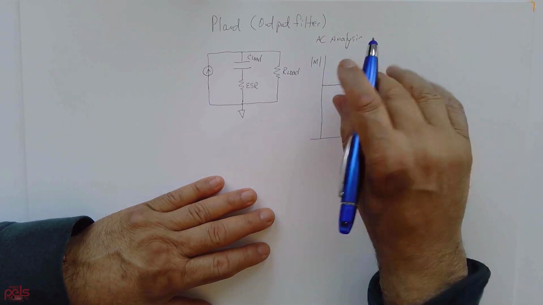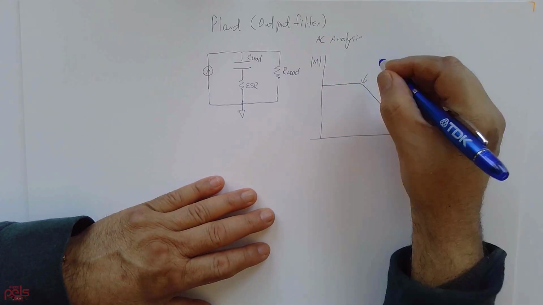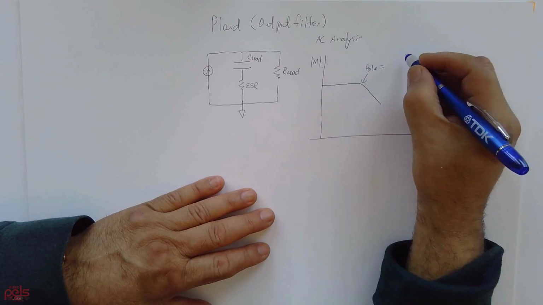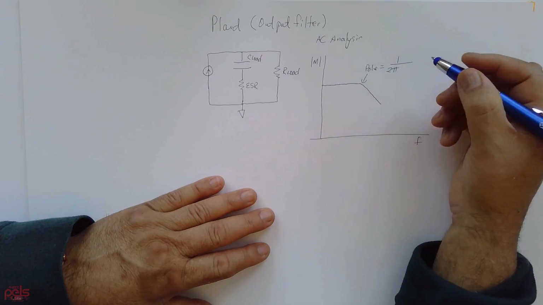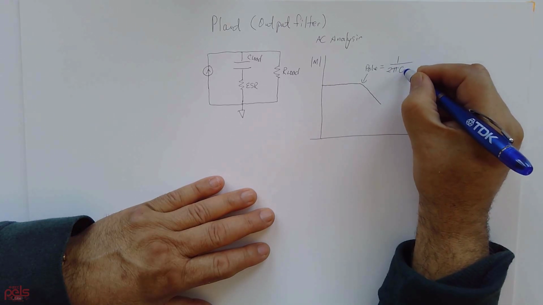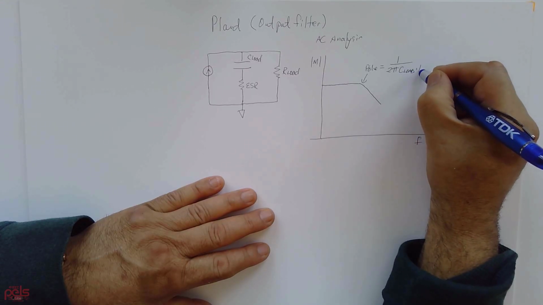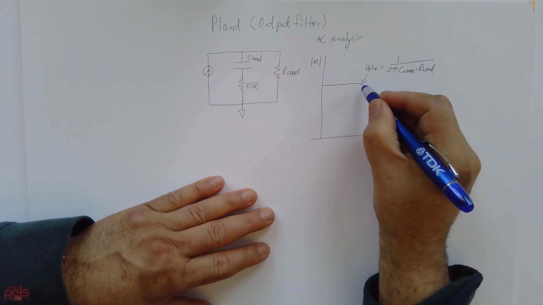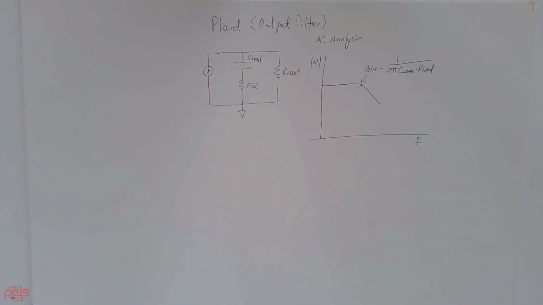Once you have a negative slope, or it deflects downward, that point is a pole. And that's easy to calculate: 2 pi C load times R load. So that determines that position or that deflection point.